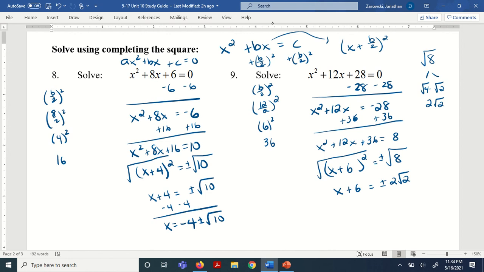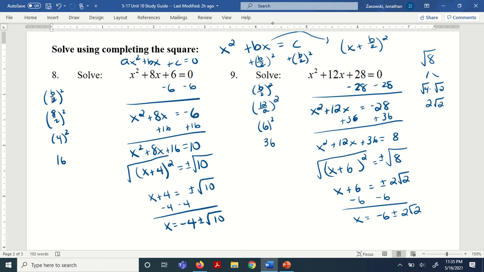Okay? And I just want to show you what happens if we do simplify. So we're going to subtract 6 from both sides, so we get x is equal to negative 6 plus or minus 2 square root of 2. Now, I can't combine these two numbers because this has a radical and this doesn't. It's kind of like if this was an x. I have to have like radicals, the same number inside the radical, in order to add these together. So this would stop right here.